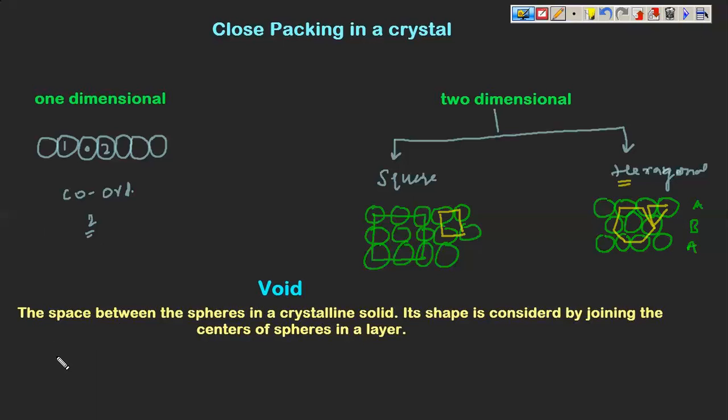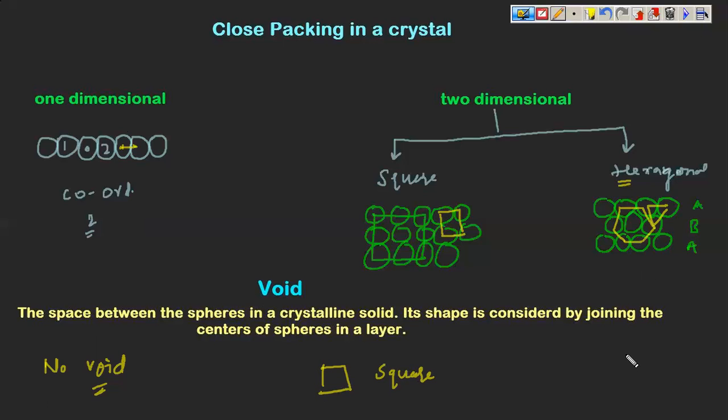The void formed in one-dimensional close packing is 0. In one-dimensional close packing, no void is formed, because if you join the centers of two spheres, there is no empty space between them. So one-dimensional close packing does not have any void. Here, the voids are square; square voids are there in square close packing.